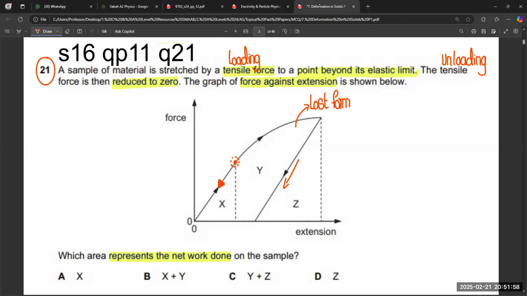And the last part, Z, represents elastic potential energy, because when we stretch the spring, and it starts to move towards the zero force value, we get this right-angle triangle area, and it represents the elastic potential energy.